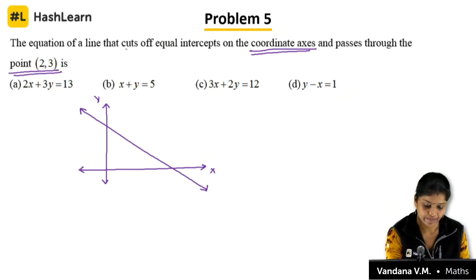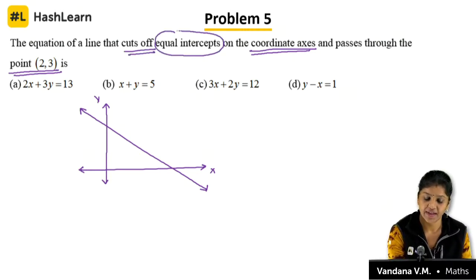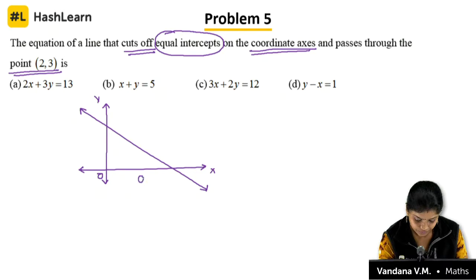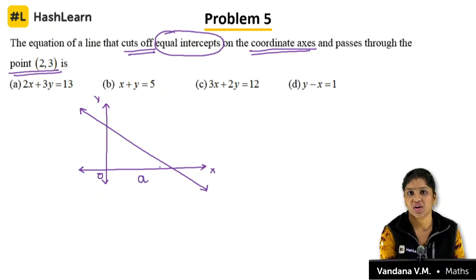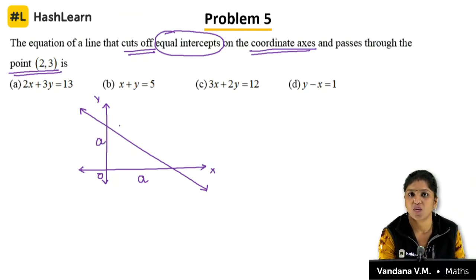It cuts equal intercepts. Intercept means what? The distance. Whatever distance you are taking from the origin to the x-axis, same distance from the origin to the y-axis also, because they only said equal intercepts.